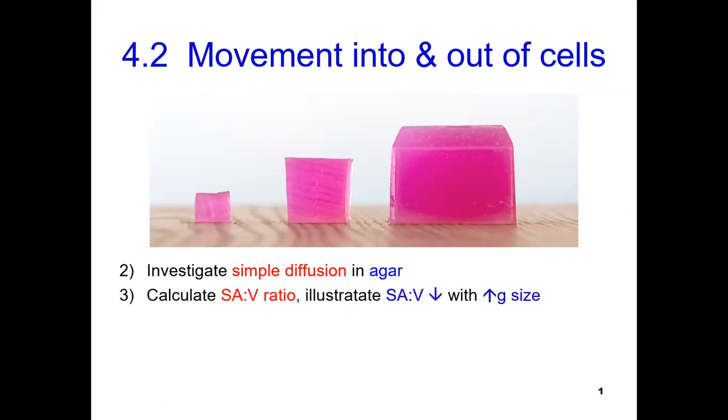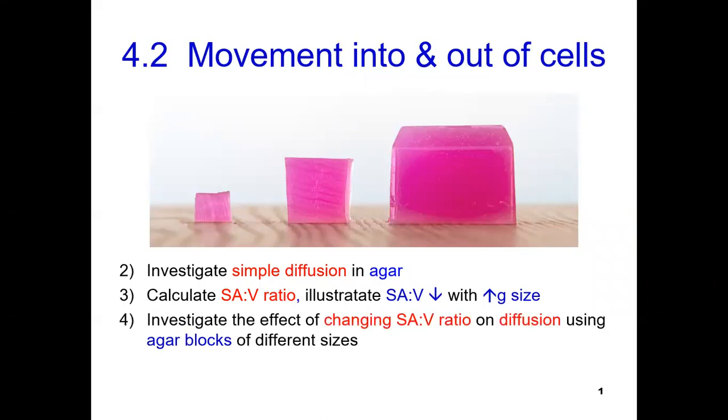And then also calculate surface area to volume ratio, and illustrate that surface area to volume ratio will drop with an increasing size. And then investigate the effect of changing surface area to volume ratio on diffusion using agar blocks of different sizes. So you can see in the pictures different sizes.